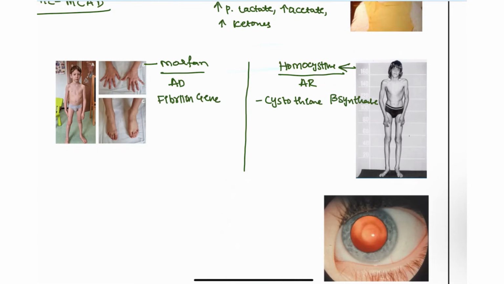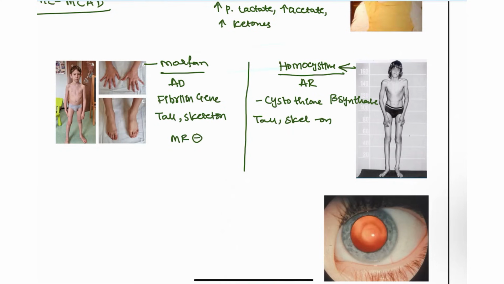What are the common symptoms? Both patients will be tall and will have defects of the skeleton and bone. The bone is affected in both conditions. Whereas when it comes to mental retardation, you don't see it in Marfan syndrome, while homocystinuria presents with mental retardation.